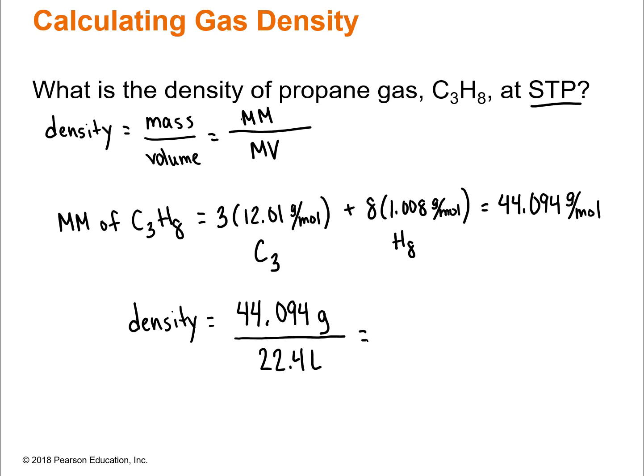When you do that division, you should get something like 1.97 grams per liter. And in a problem like this, I would tell you how many significant figures to report. Does the density concept make sense with gases?